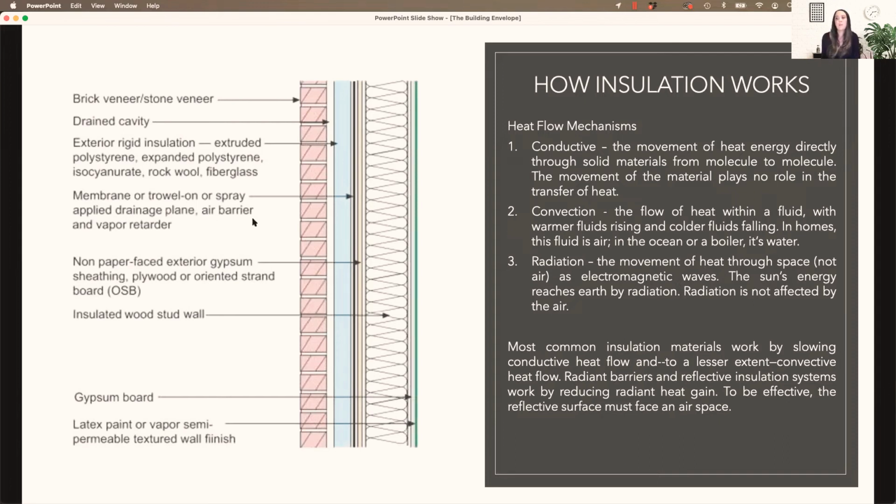And then we have our membrane, our air barrier and vapor barrier, which we'll talk about in a minute. And then we have our sheathing. And then once we get inside the structure, this is the area where the insulation would be.